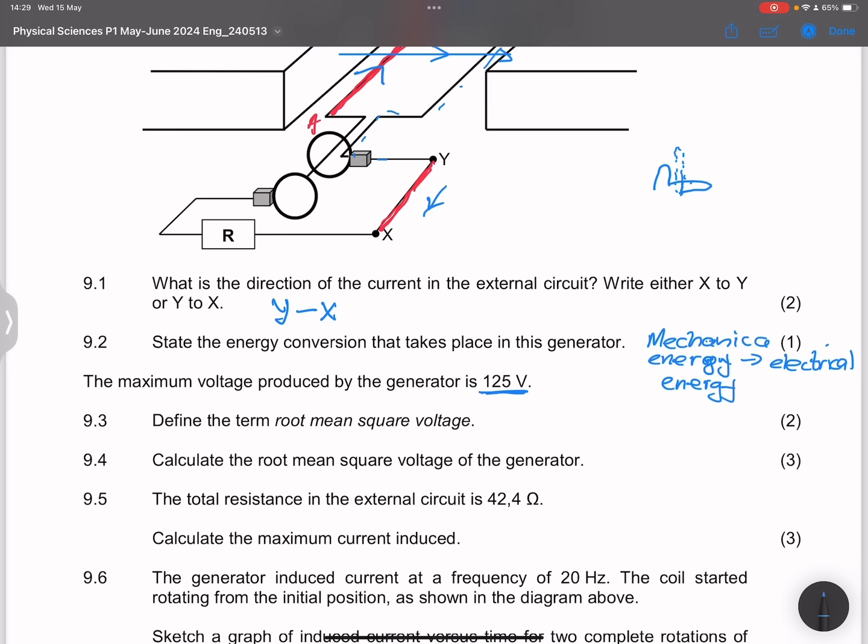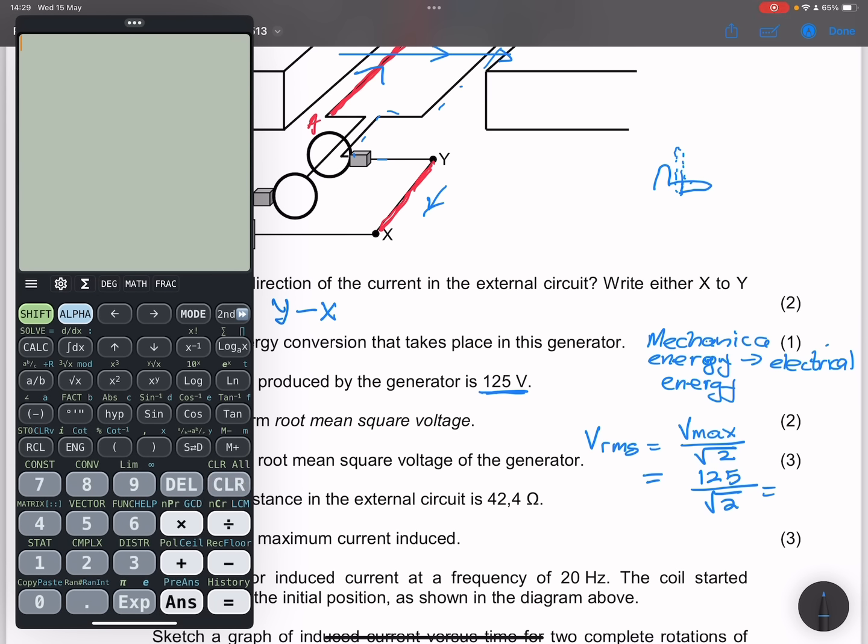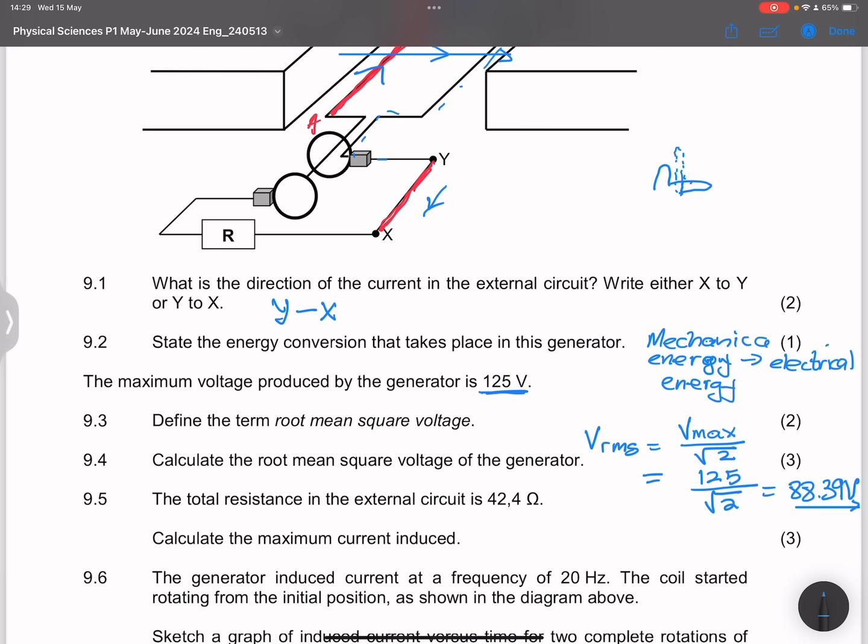We know Vrms will be Vmax divided by the square root of 2. We're given that the maximum was 125, so this will be 125 divided by the square root of 2. That gives 88.39 volts. So that's our RMS voltage.